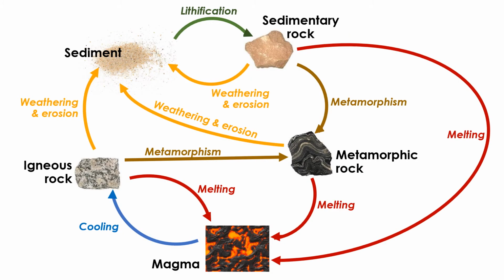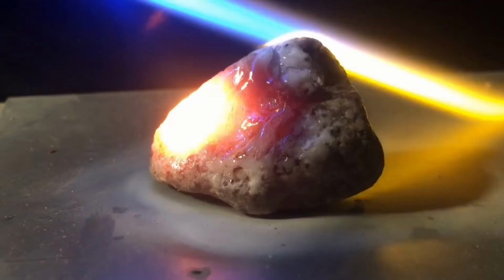If a rock experiences sufficiently high temperatures and pressures during diagenesis, it will undergo the process of metamorphism and become a metamorphic rock. Metamorphism is like cooking a sedimentary rock.